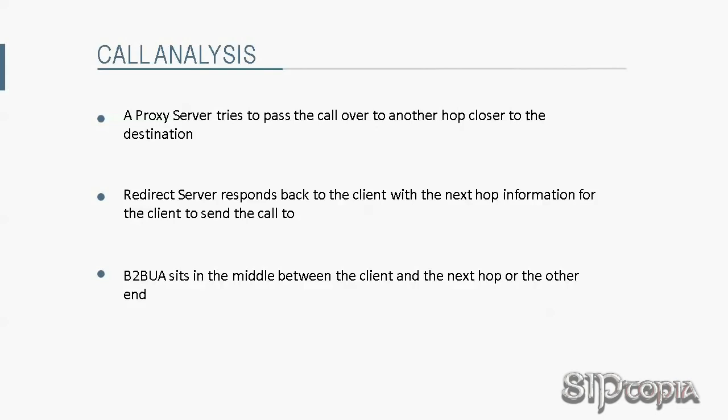Again, the proxy server does the work, proxies the call to another hop closer to the destination, whereas the redirect server provides back the information for the next hop so that Tarzan's SIP phone can send the call to that next hop. And a back-to-back user agent sits in the middle between the client and the next hop or the other end.